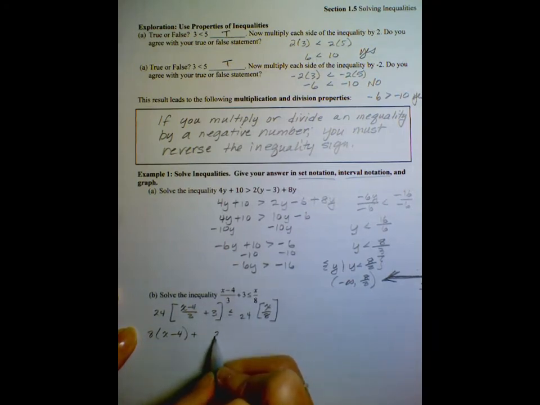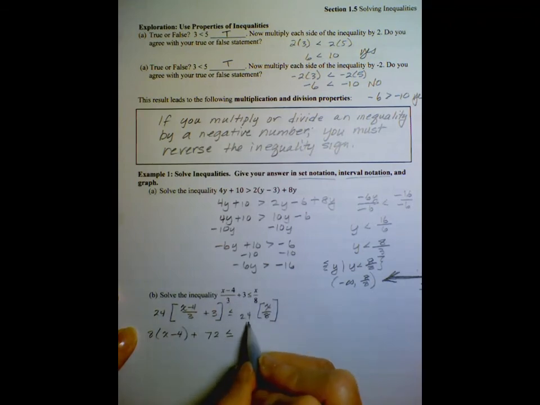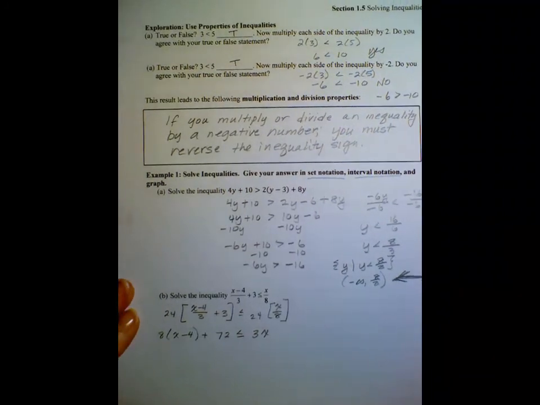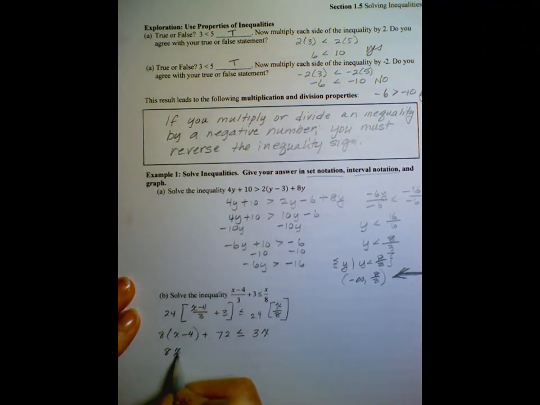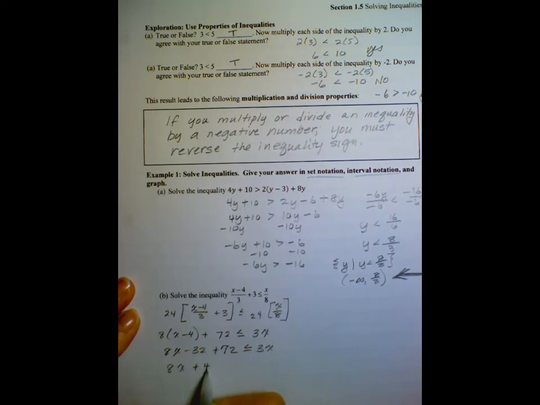3 goes into 24 8 times, leaving 8 times x minus 4 plus 3 times 24. What would that be? 72, less than or equal to, 8 goes into 24 3 times, so I have 3x. Distribute: 8x minus 32 plus 72, less than or equal to 3x. 8x plus 40 less than or equal to 3x.